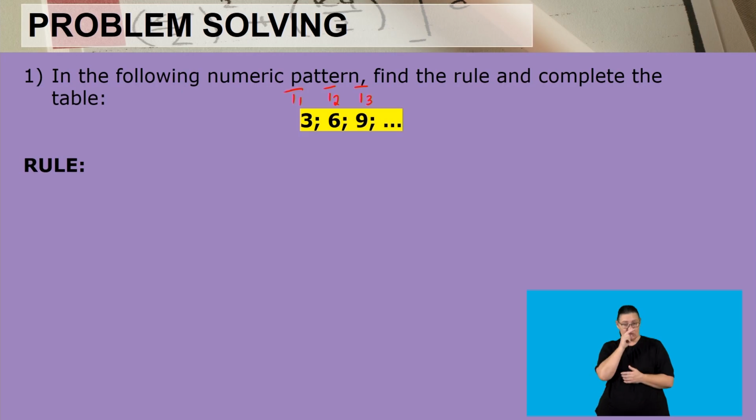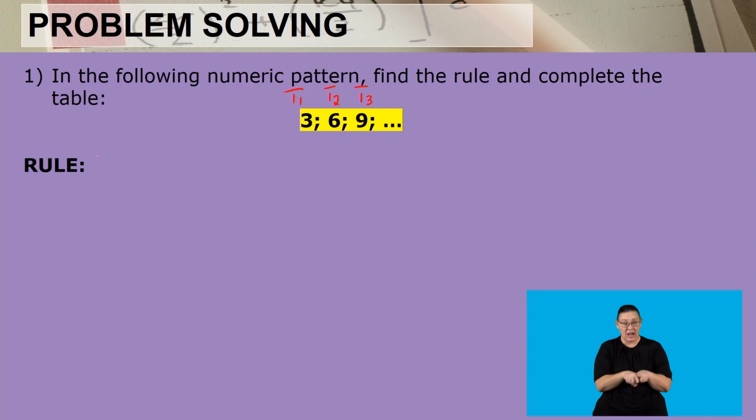Now, can we see what is going on between the term number, which is 1, and the term itself, which is 3? How about the second term, where the term number is 2 and the term itself is 6? And do you find the same relationship between the term number 3 and the term itself, which is 9? What do you think the relationship is here?